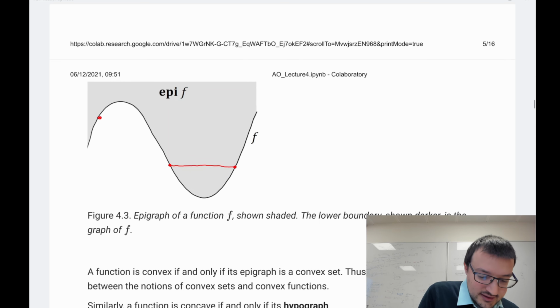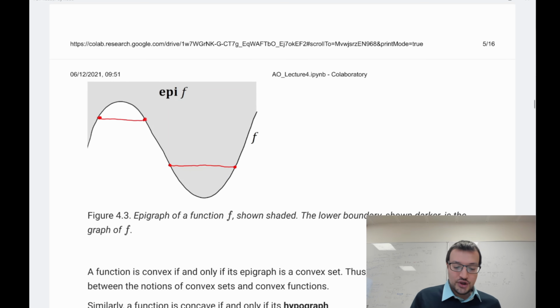If we look at these 2 points here and we trace the chord, we see that the chord lies below the function, so this function is not convex, it's concave. And at the same time, if we look at the set, the chord is outside the epigraph, so it gives the same result: the set there is not convex.